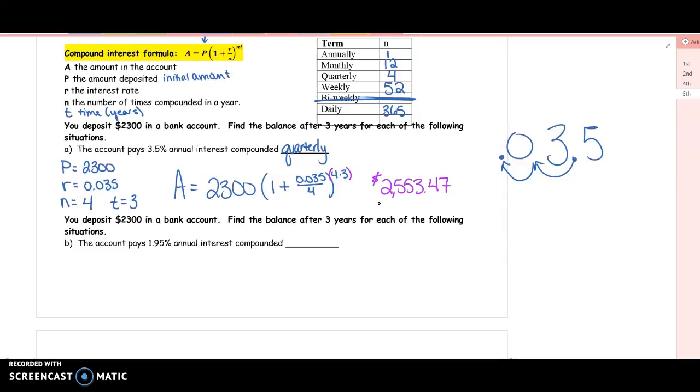All right, the next one, let's do compounded monthly. I want you to try B on your own. 1.95% annual interest compounded monthly.